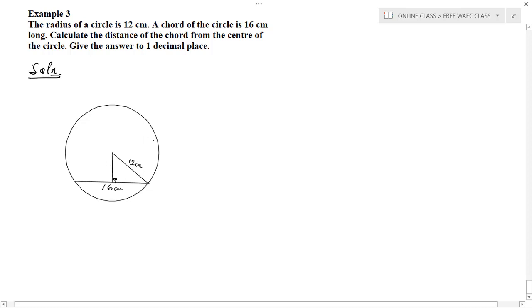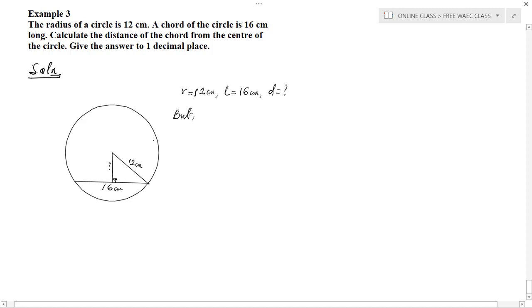So here is what we are looking for, this side. Easily, we write our R as 12 centimeters. We write the L as 16 centimeters. Then we have the D unknown.